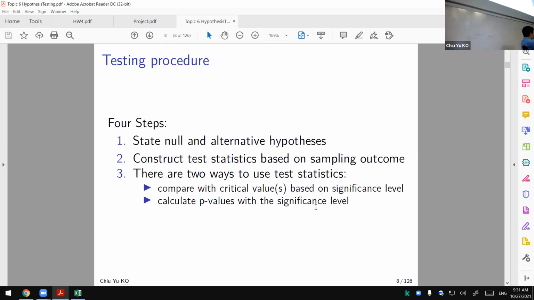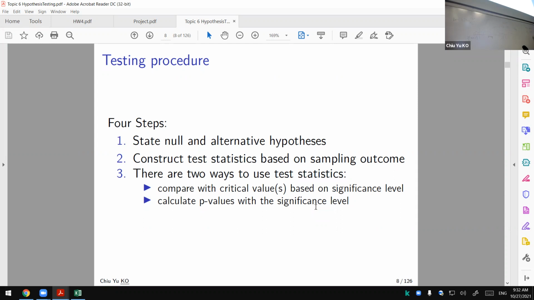So the procedure is here already. First, you need to state your null hypothesis and alternative hypothesis. Let's do it once here. For example, to show the idea, you will say H null: mu is 5. Consider the case where we are only concerned with whether it equals 5 or not, so we use a two-sided alternative: mu is not equal to 5.